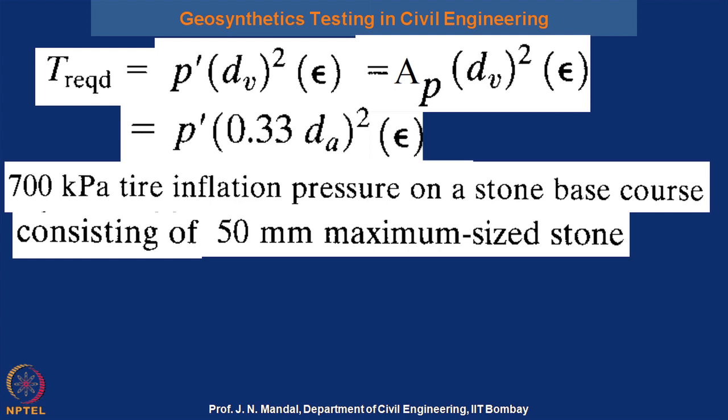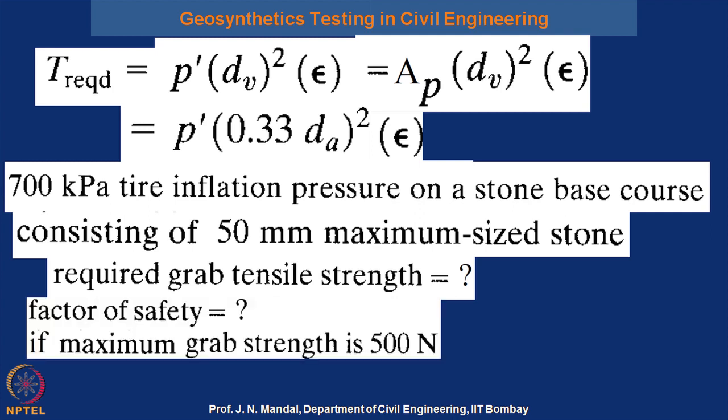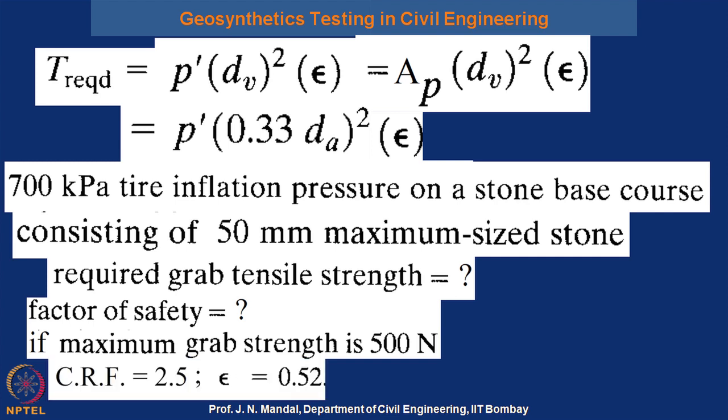You have to calculate the required grab tensile strength of the geotextile material and the factor of safety, whose maximum grab strength is given as 500 Newton, with a cumulative reduction factor equal to 2.5 and a strain value of, let us say, 0.52.